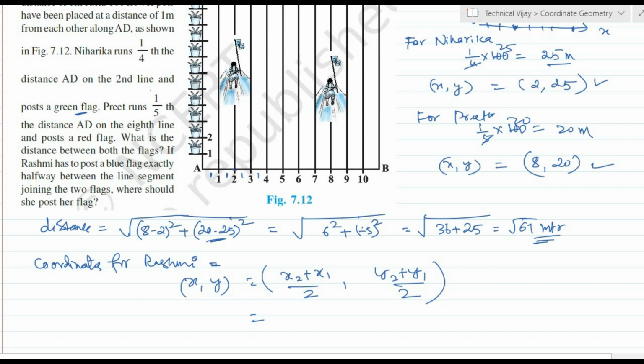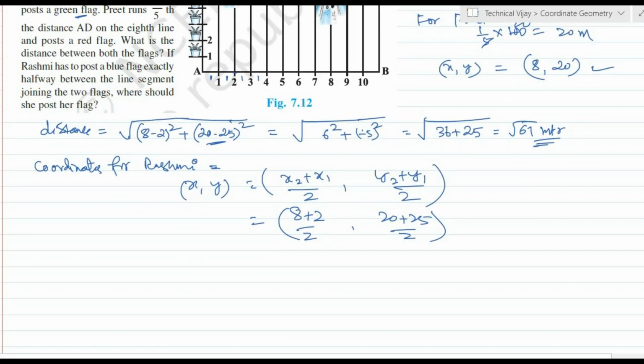So here x2 plus x1 means 8 plus 2 divided by 2, and 20 plus 25 divided by 2. So 8 plus 2 is 10 divided by 2, and 45 divided by 2, which is equal to 5 comma 22.5.